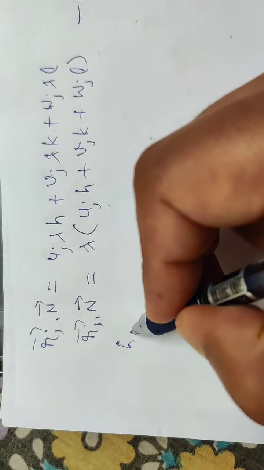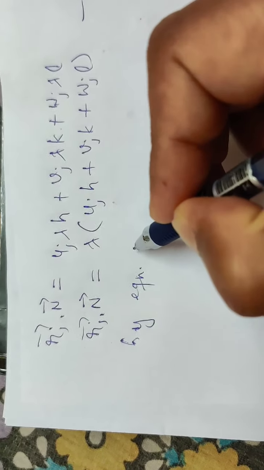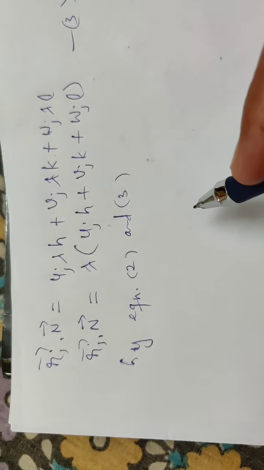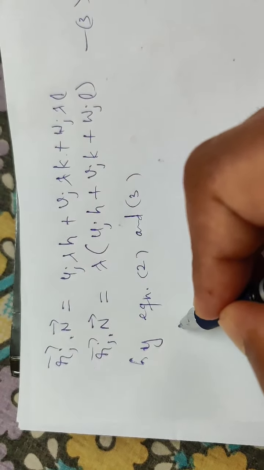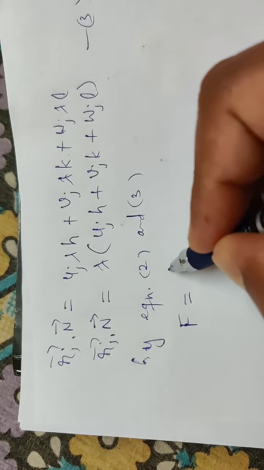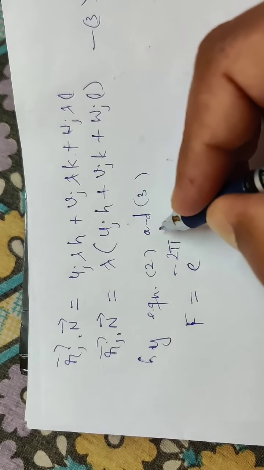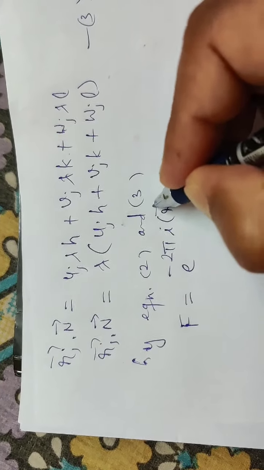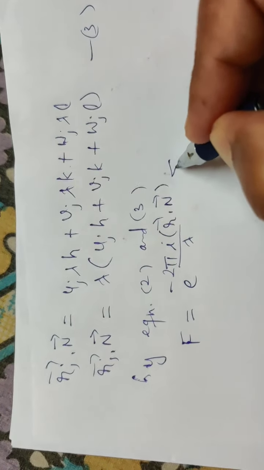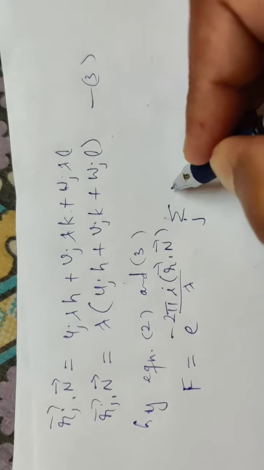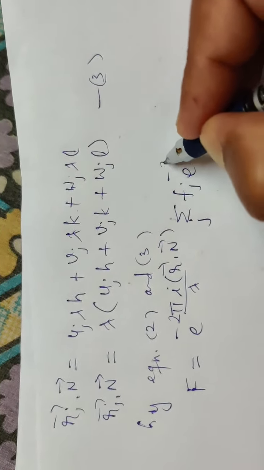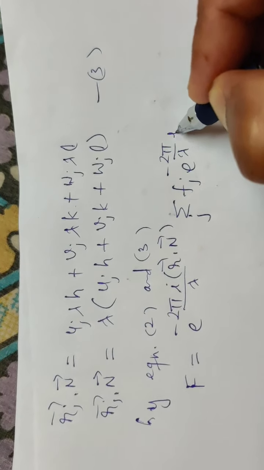Then the total scattering factor will be e raised to power minus 2 pi iota r dot n by lambda, summation j fj e raised to power minus 2 pi upon lambda iota.